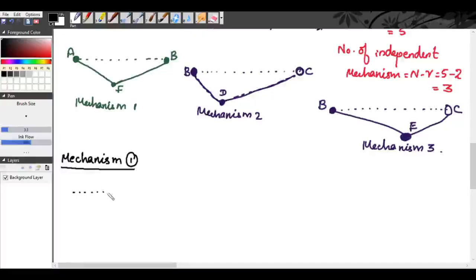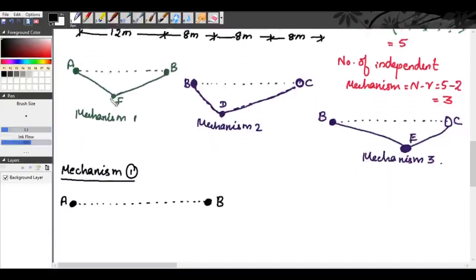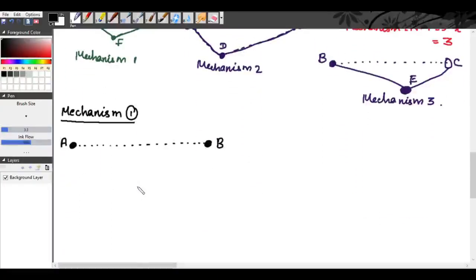It is for AB, right? For the span AB, we have A, B, we have a hinge at A, we have a hinge at B. Now, at the point where the maximum moment occurs, that is at F, we have a hinge at the mid of the span AB.